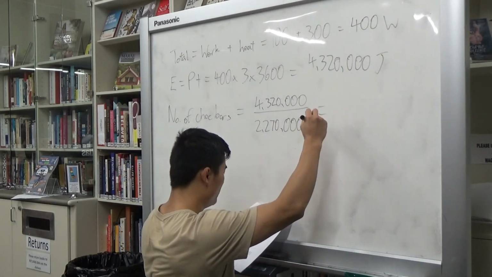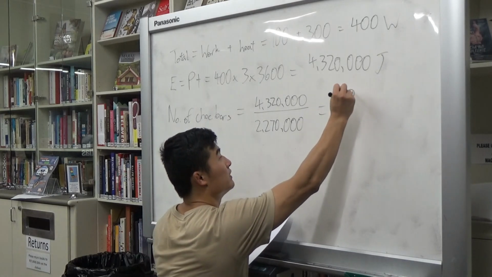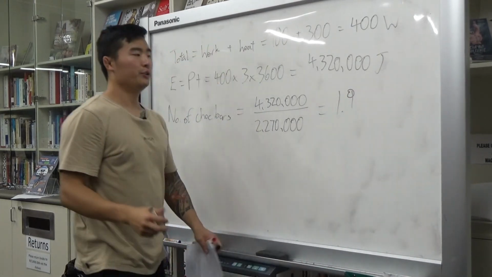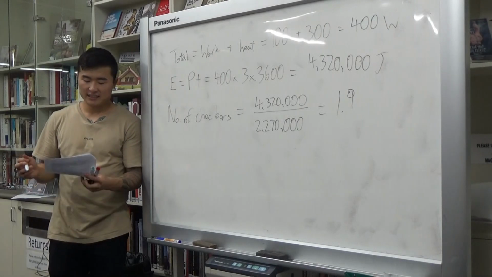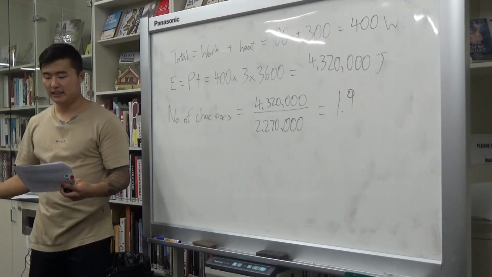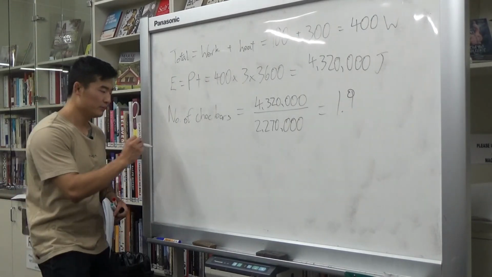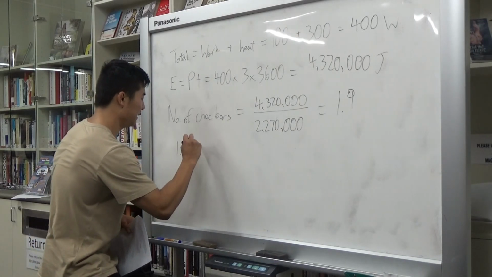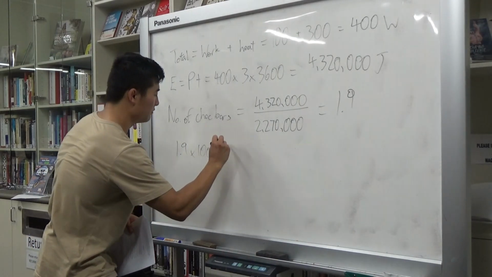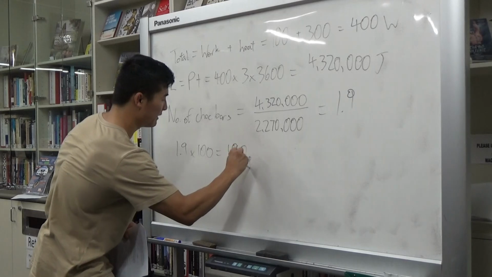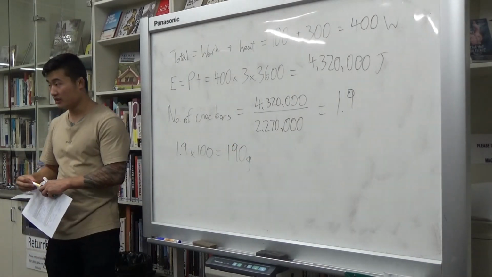And that will give you 1.9. So she has to consume 1.9 chocolate bars. And because each bar of chocolate is 100 grams, 1.9 times 100 will be 190 grams of chocolate.